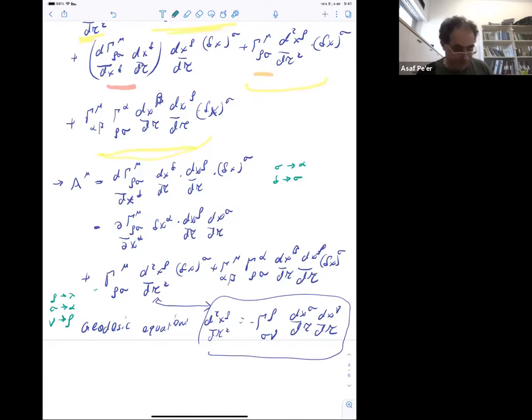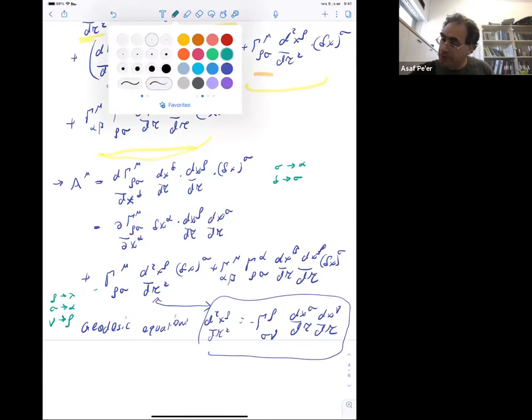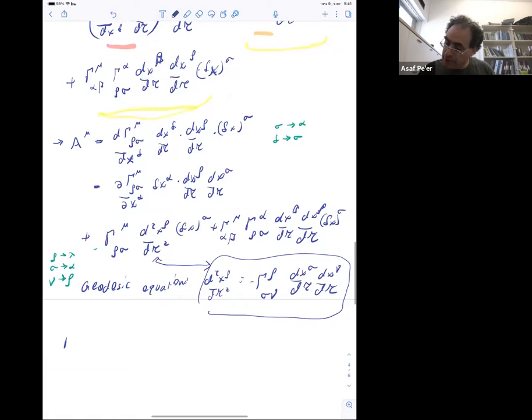So overall, when I do this, I end up with a mu. Remember, this is the acceleration in the mu direction.